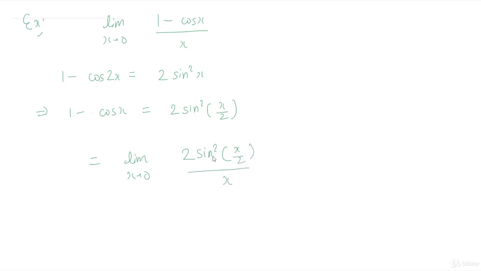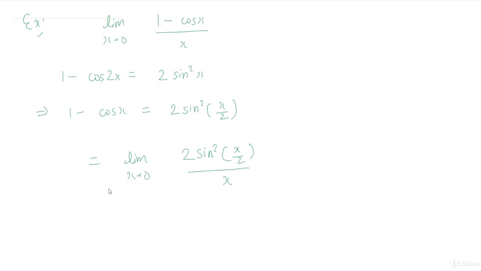Now what are we going to do next? This thing is sine square x by 2, right? Which identity can be used from the previously used identities? Just try to recall. I think you might be able to recall that we can make use of the identity limit x approaches 0 of sine x by x is 1, right?